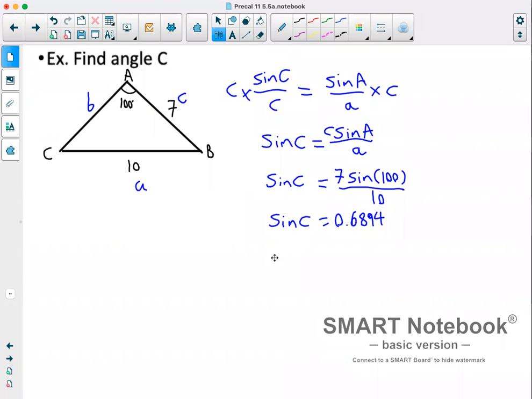To get our angle, we now have to go C is equal to sine inverse of 0.6894. So that gives us 43.57. Now, normally for angles, unless specified otherwise, we'll just round to the nearest degree. That gives us 44 degrees.